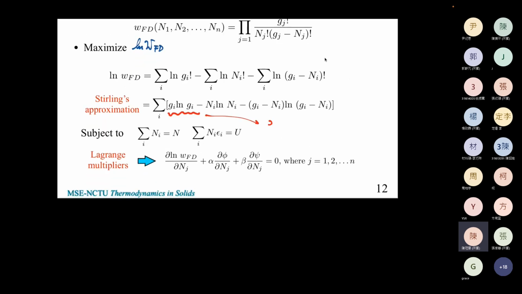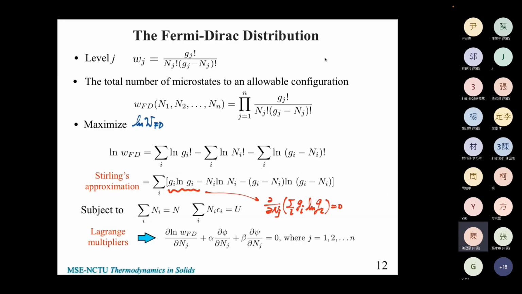Because when we do the partial differentiation with respect to Nj, the Gj doesn't have anything to do with Nj, so they are independent, right? So the derivative is equal to 0. So the first term is not that important later, and it has no effect on this.